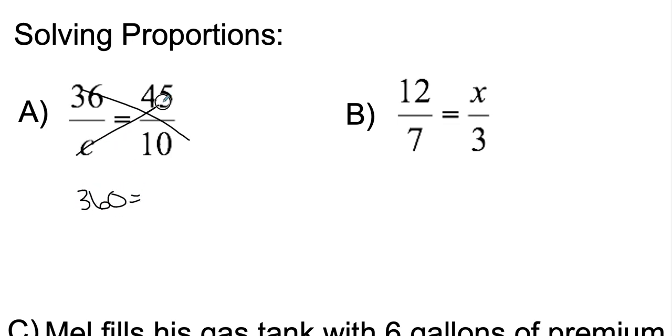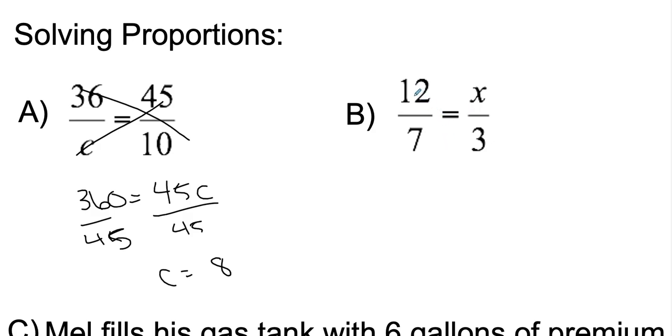And then we go the other way. 45 times c, 45c. And then this is the basic equation that we're just solving. So we do 360 divided by 45. Okay, and when we do that, you can use a calculator for that if you need to. You get c equals 8. Okay, so that works out nice.